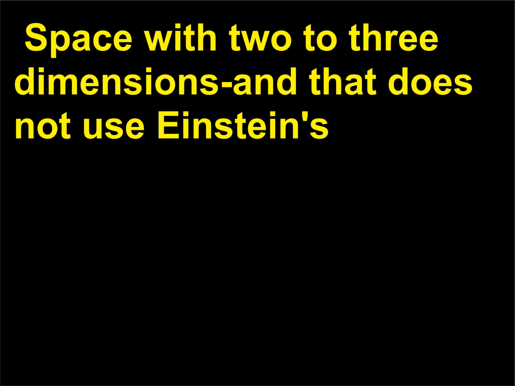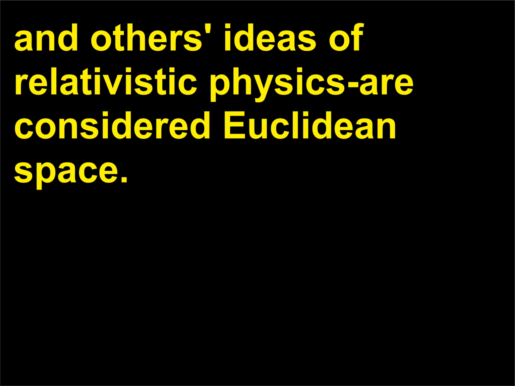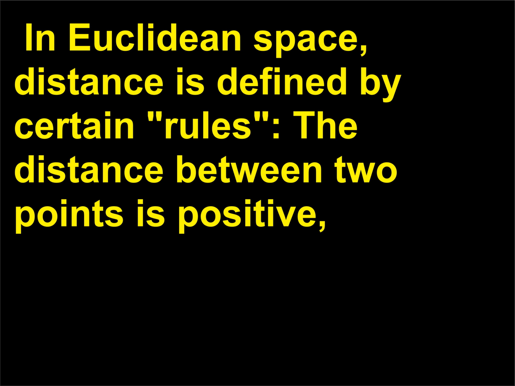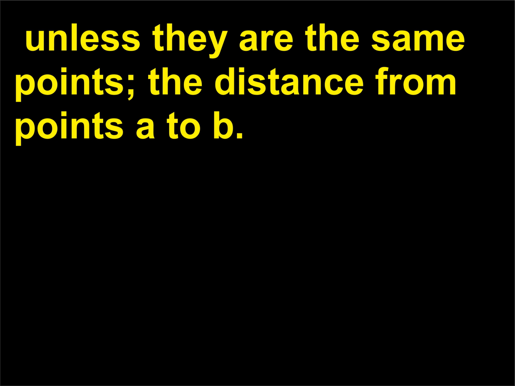Space with 2 to 3 dimensions and that does not use Einstein's and others' ideas of relativistic physics is considered Euclidean space. In Euclidean space, distance is defined by certain rules. The distance between 2 points is positive, unless they are the same points, the distance from points A to B.